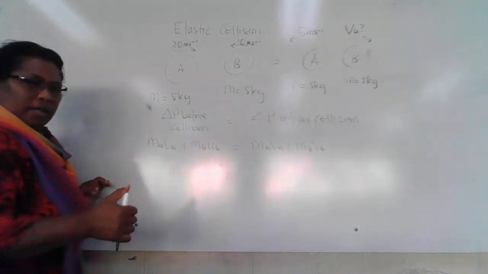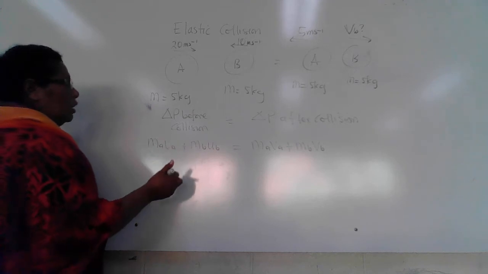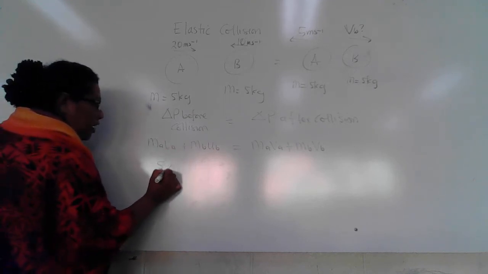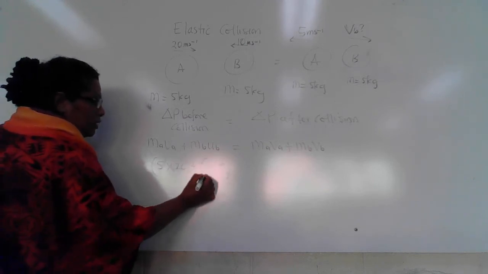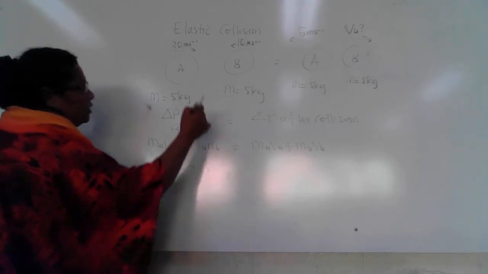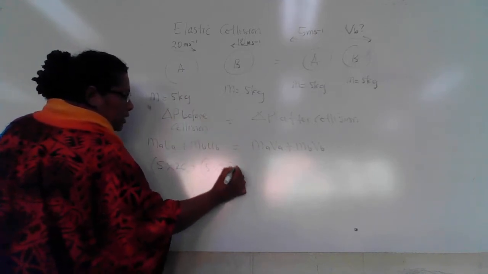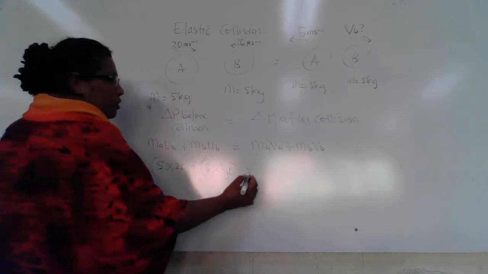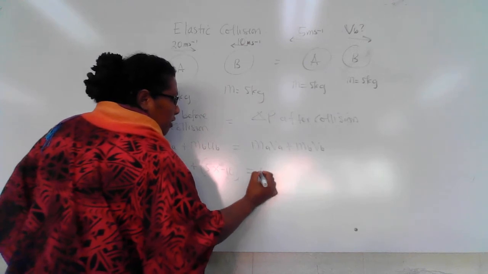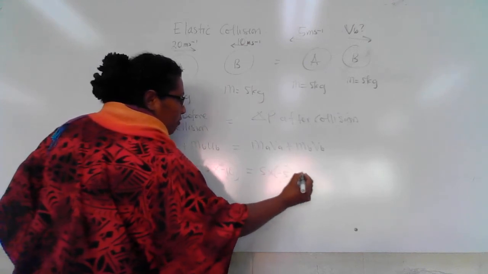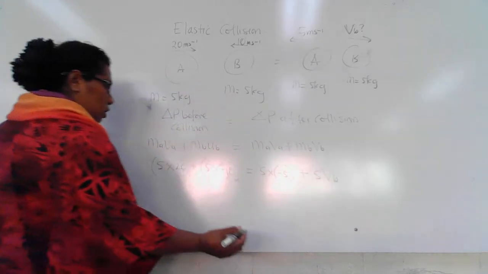We're solving for VB, so what we do is we put in the values. So we have 5 times 20 plus 5 times, now this is traveling to the left, so it's a minus 10 meters per second, and that should equal to, this object is now traveling to the left, so we have 5 times minus 5 plus 5 times VB, which we do not know.